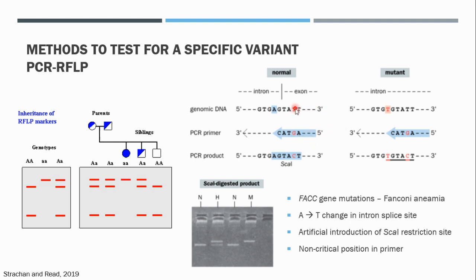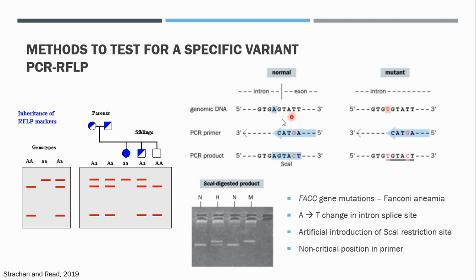It only has a different base here. Instead of the matching A, it contains a G. And by introducing this G instead of the A, we have artificially introduced a SCAR1 restriction site in the PCR product. And this restriction site will match to the SNP as well.